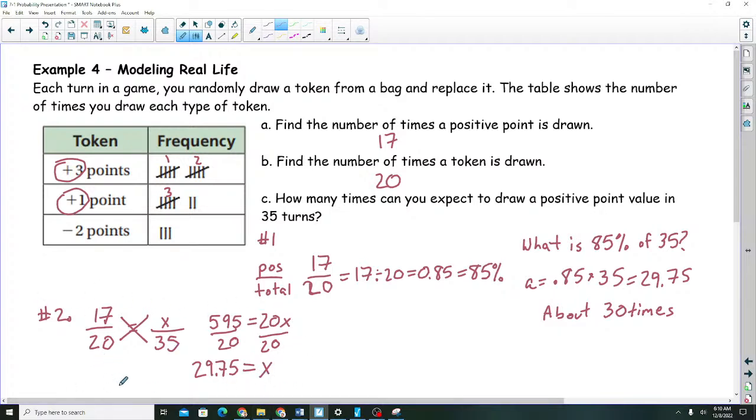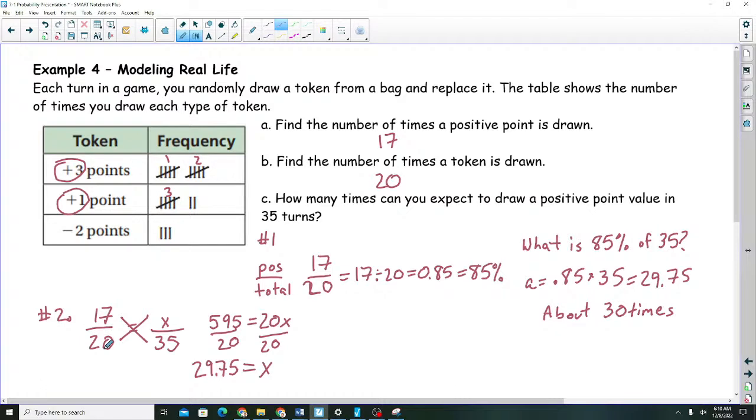Now, what I will argue with you is that the second way works. It's possibly faster, but there's less understanding as to what's going on. It's a valid way, but it takes more intuition to recognize that this is a correct method. So, option one takes you through actually finding the probability, using the probability to find your answer.